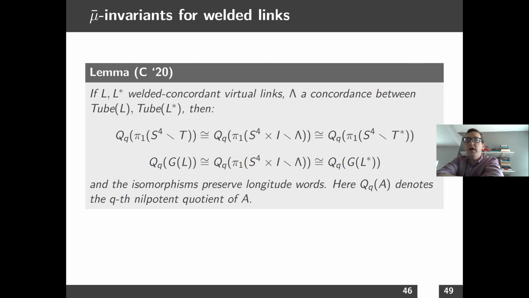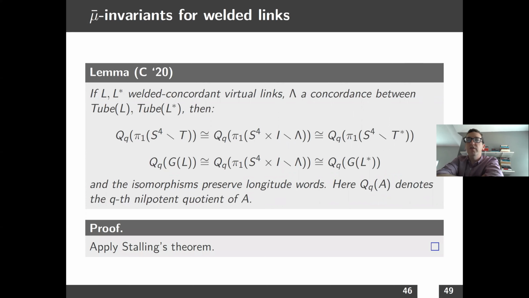Now, the important thing is that these isomorphisms all preserve the longitudes. So if I start with a longitude of any component of the link L, then following these isomorphisms all through, they are actually preserved. Here, Q sub Q of A denotes the Qth nilpotent quotient of the group A.